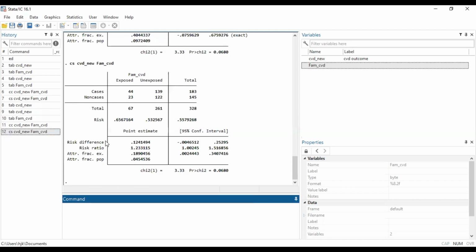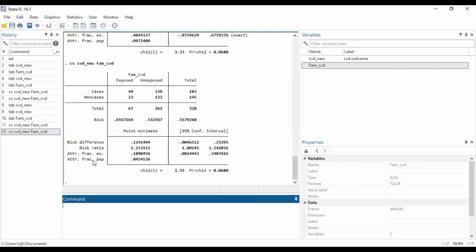Now, the risk difference at the top here is positive, meaning that there is more risk among the exposed compared to the unexposed. Had it been negative, then it would mean that there is more risk among the unexposed compared to the exposed. Now, the attributable fraction exposed means that this amount of risk would be avoided by the exposed if they were unexposed.